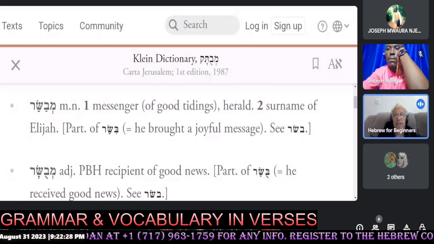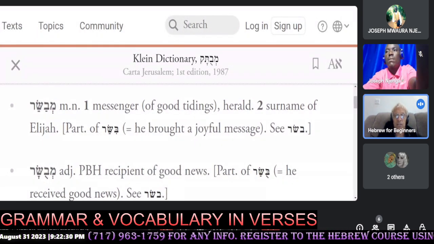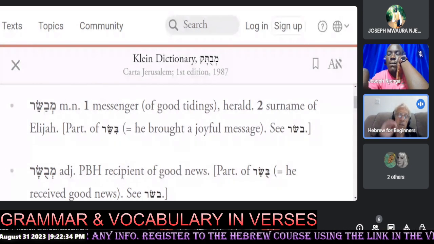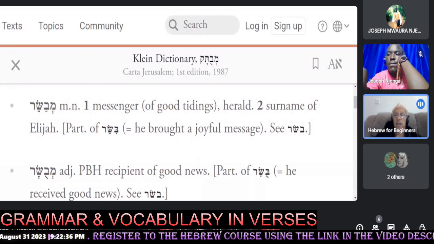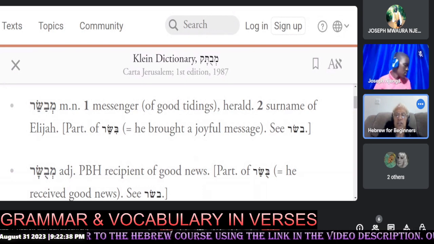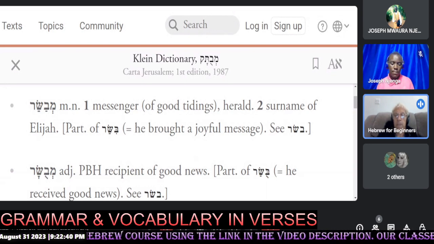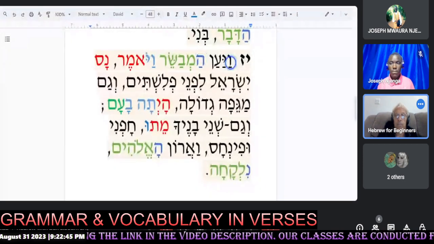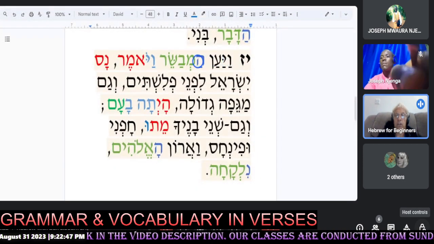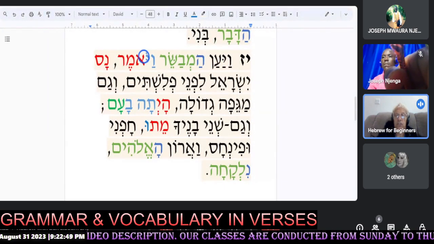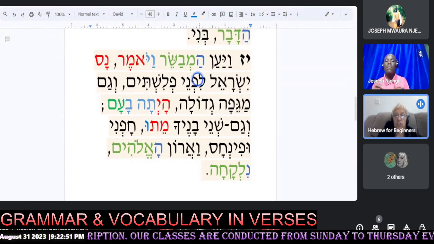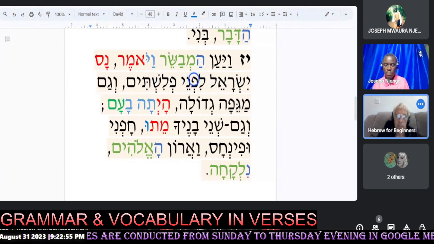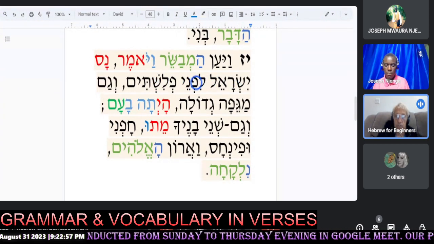Let me translate that second verse. Vayan hamvaser vayomer. And the messenger, namely Saul, answered and said, Nas Yisrael lifnei Plishtim. Israel has fled before the Philistines.